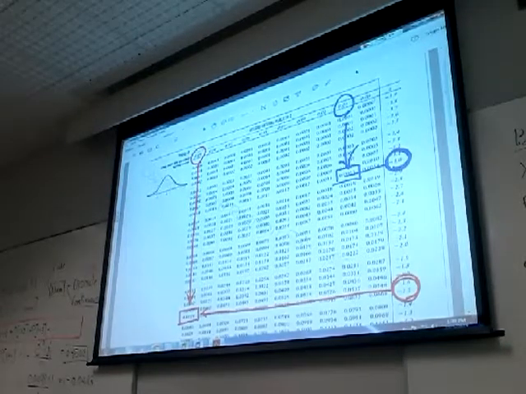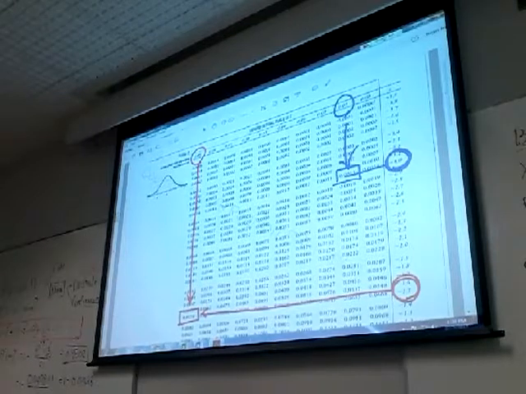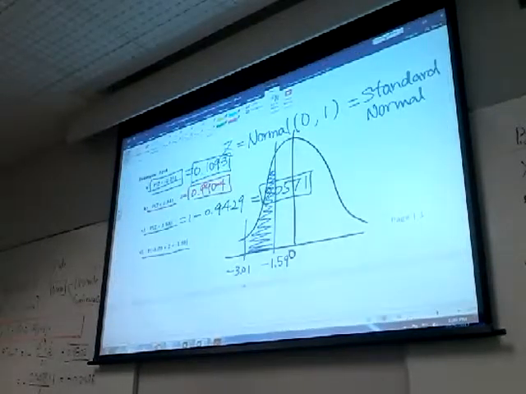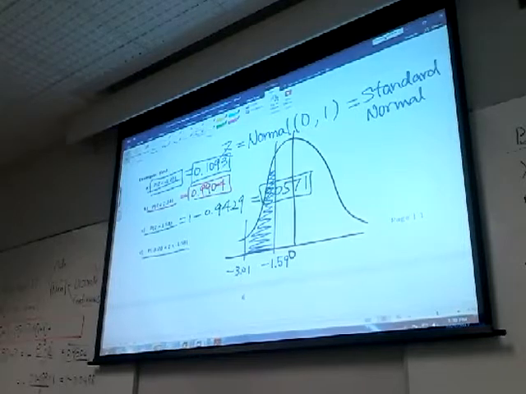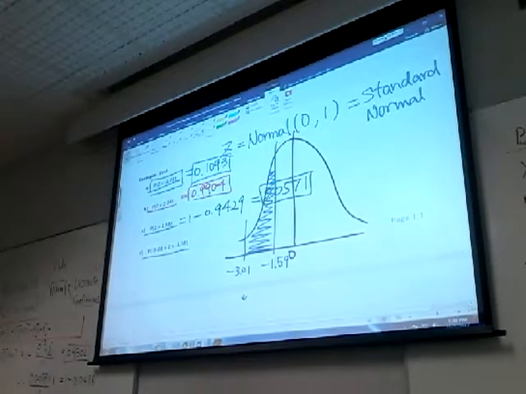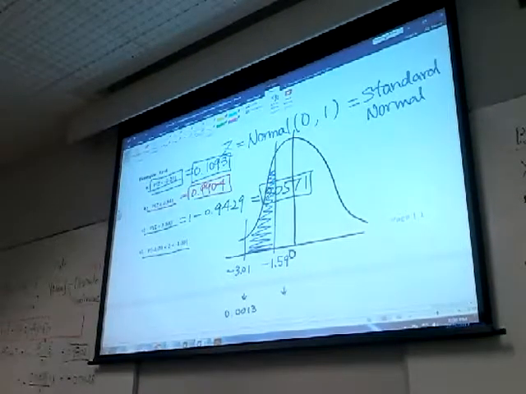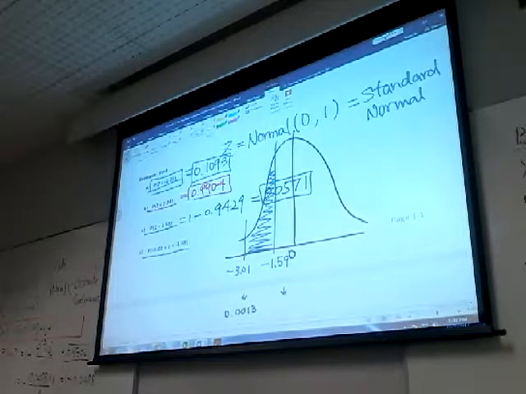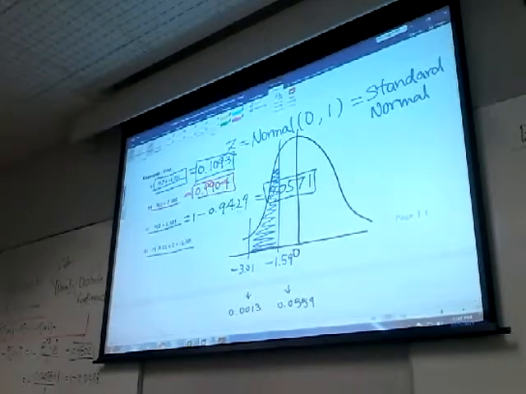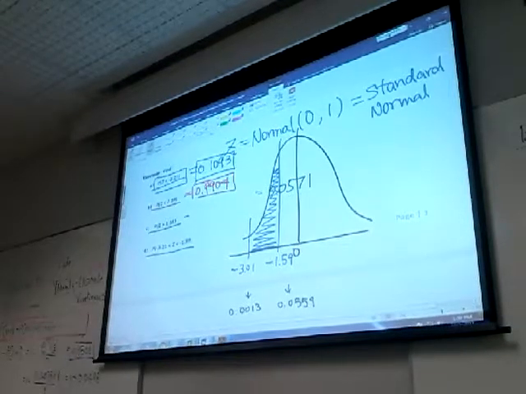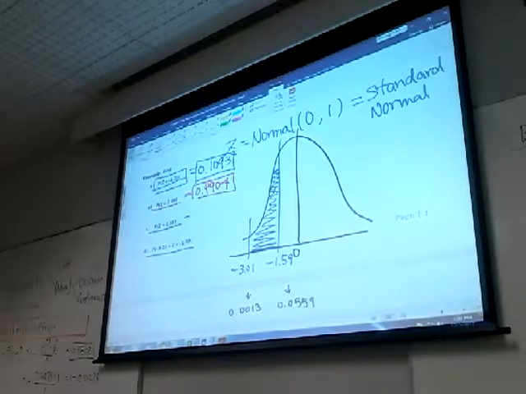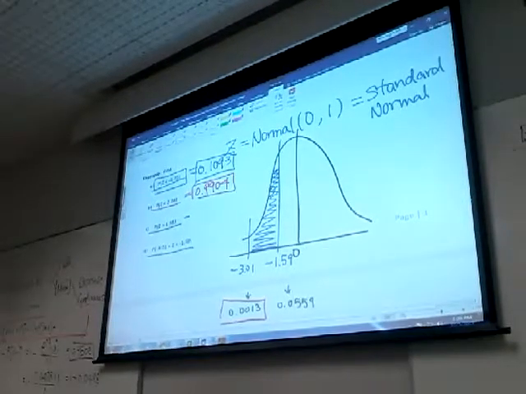Did you keep them? How much was the probability from negative 3.01? 0.0013. Thank you. How about the other probability from negative 1.59? 0.0559. Good? Okay, now where is the probability 0.0013?